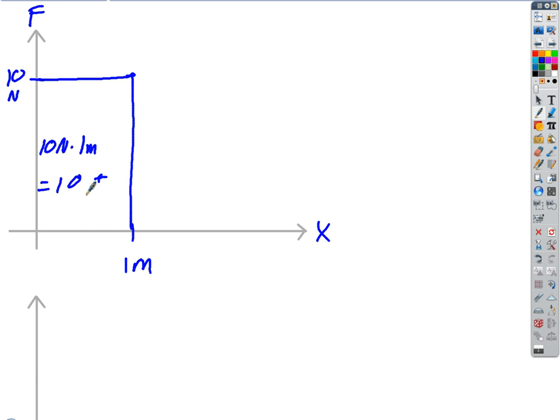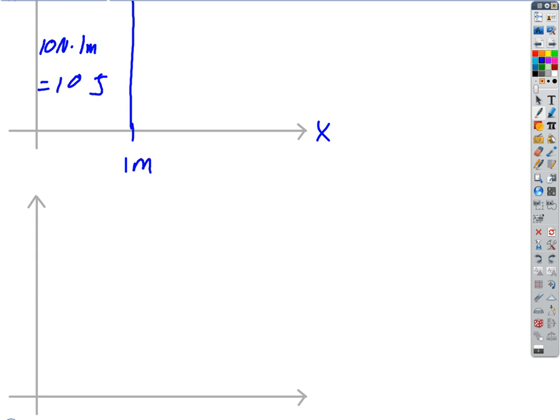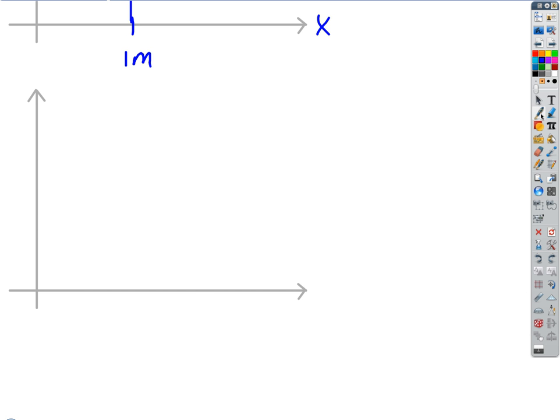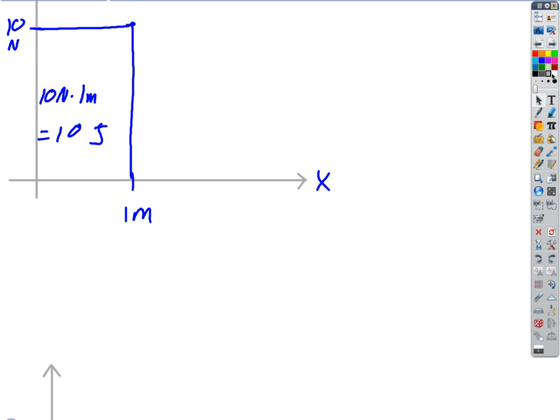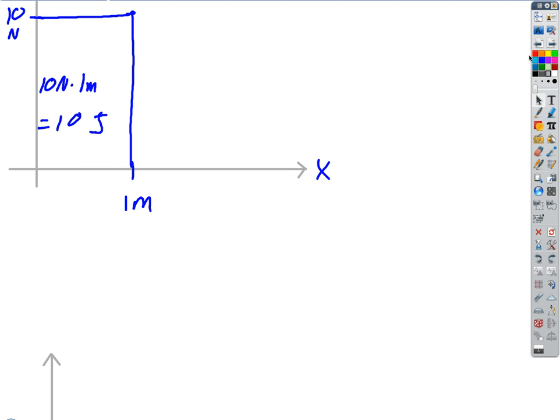Okay? And so if we continue our story, I could extend this axis down. And there's our negative 10 newtons of work, right?